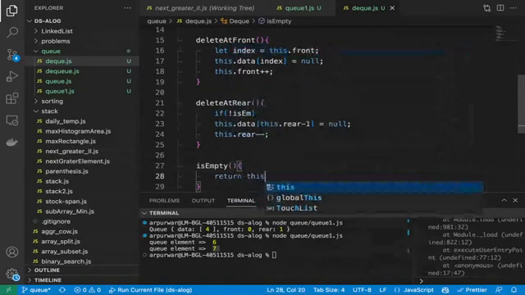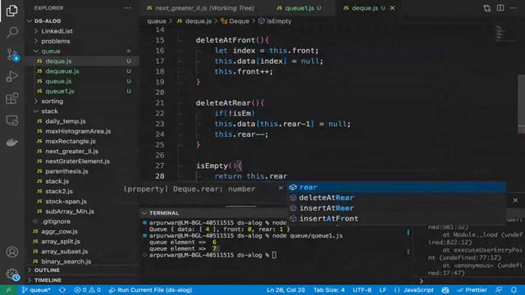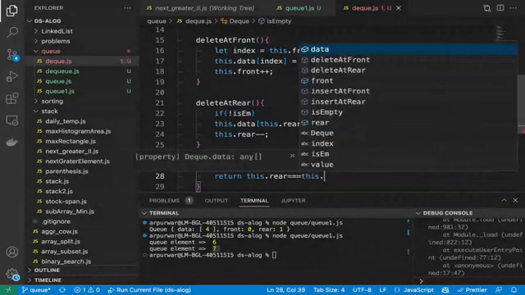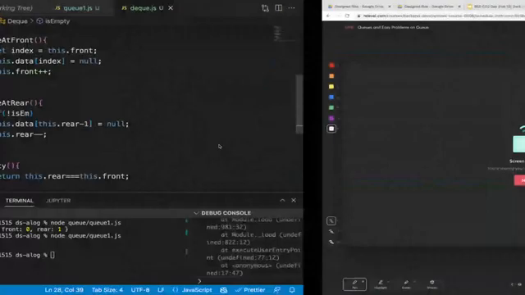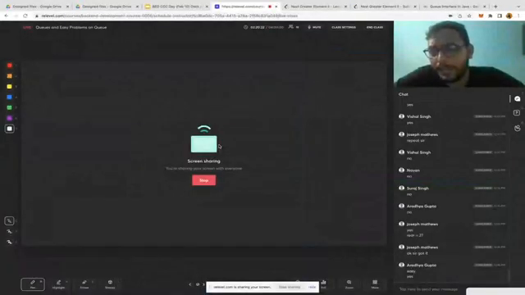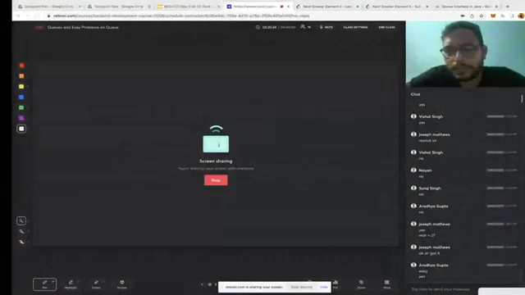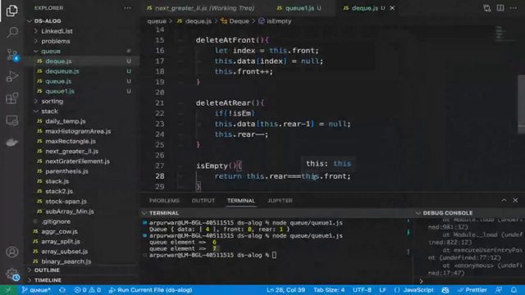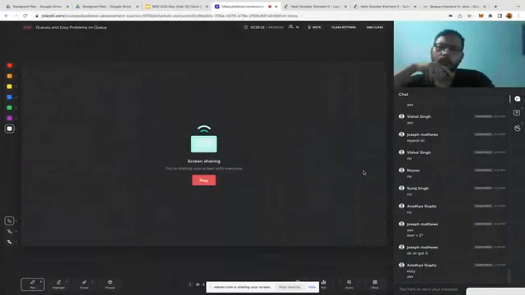Return this dot rear equal to this dot front. I have not cross verified whether this empty method will be the same here or not. But let's think about it, because now we can delete from the back side also, right?